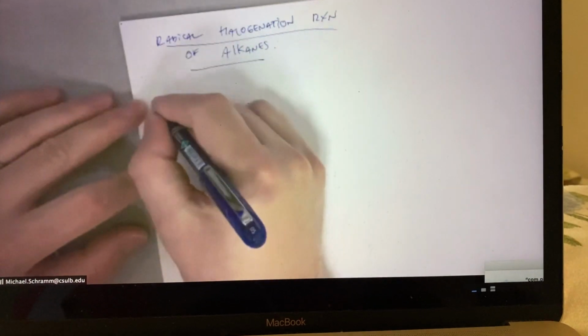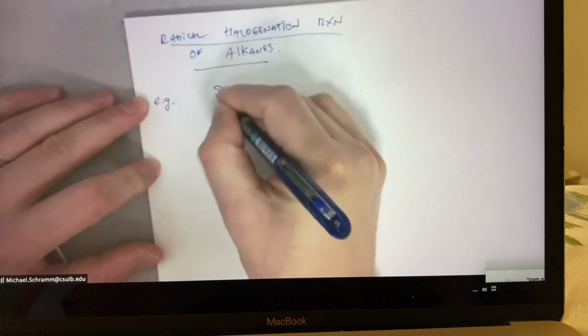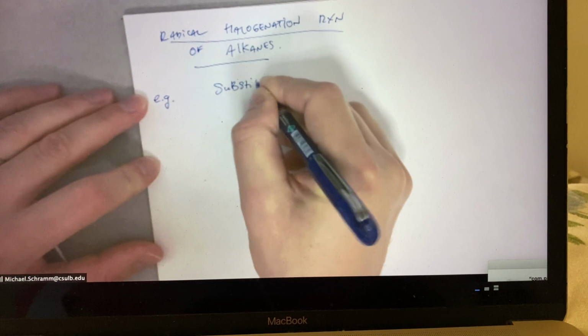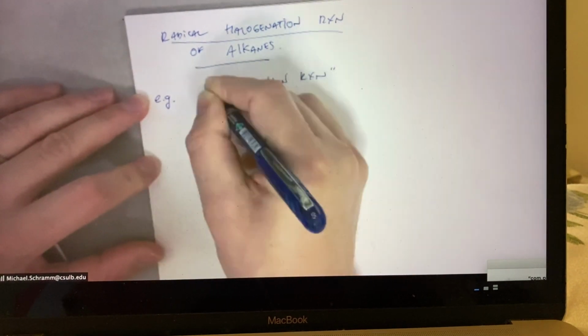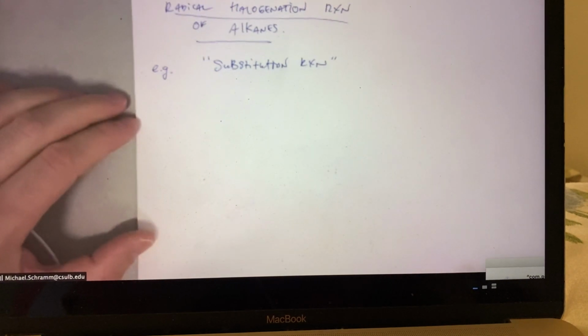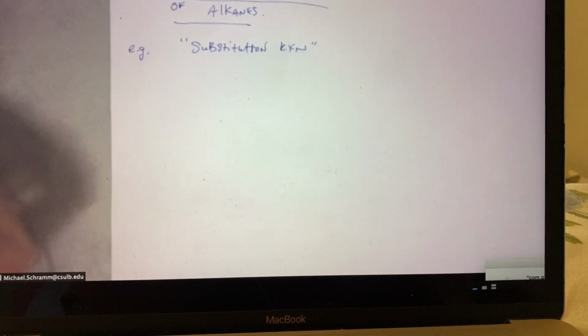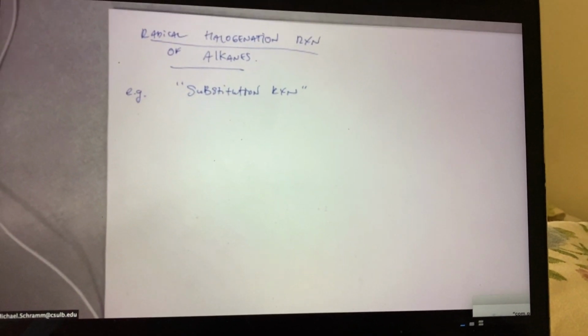This is an example of a substitution reaction. And actually, acid-base chemistry is an example of a substitution reaction. We're going to learn about a couple other types of reactions, like elimination and addition, later.